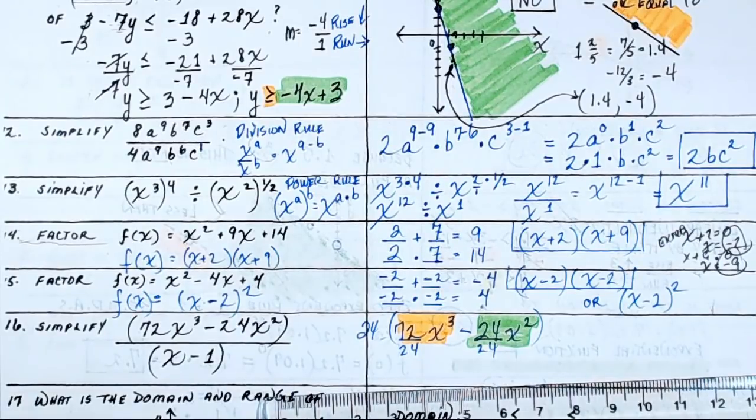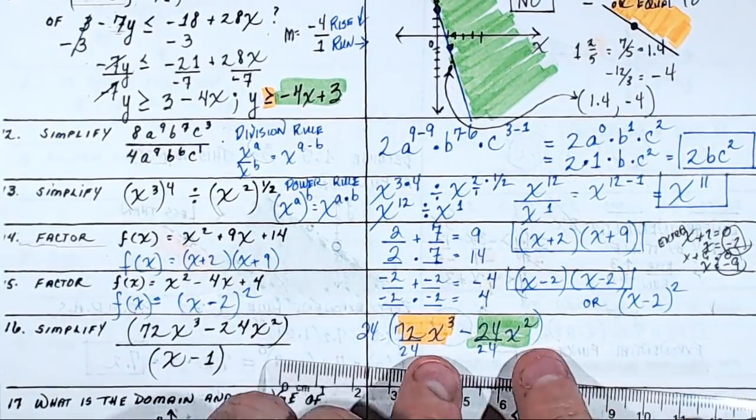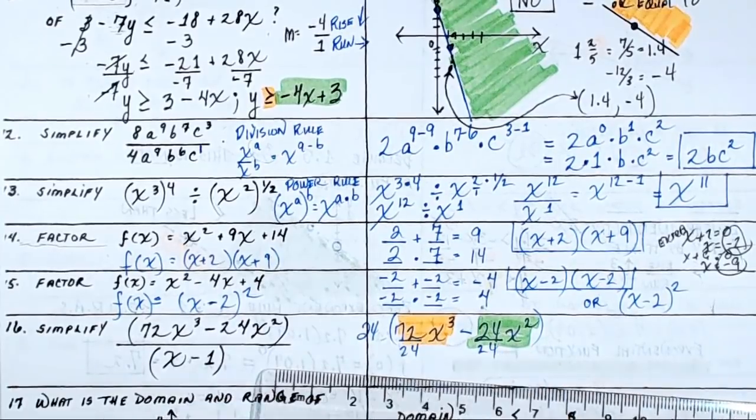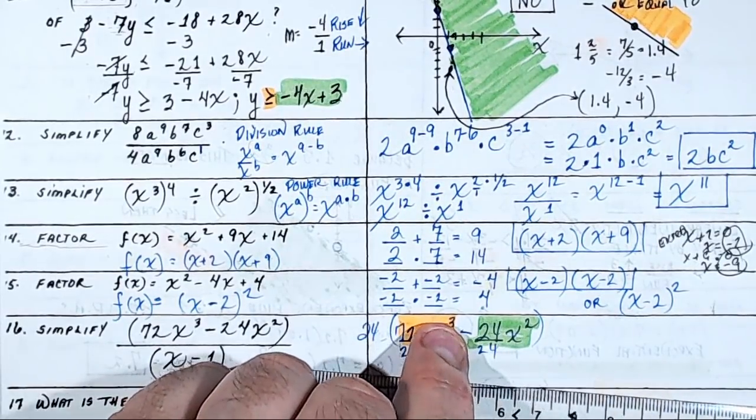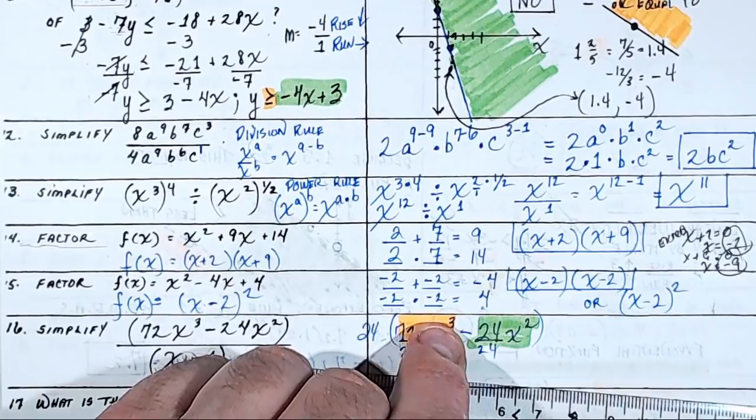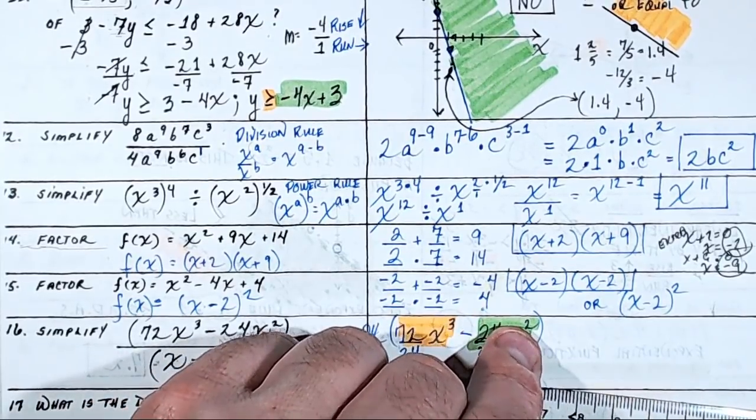Now, what's common with the x's? This requires you to think about the multiplication and division properties of exponents. So, what can I take out of both? You think, what is the greatest common exponent? Here I've got 3 of the exponents, and here I've got 2 of the exponents.